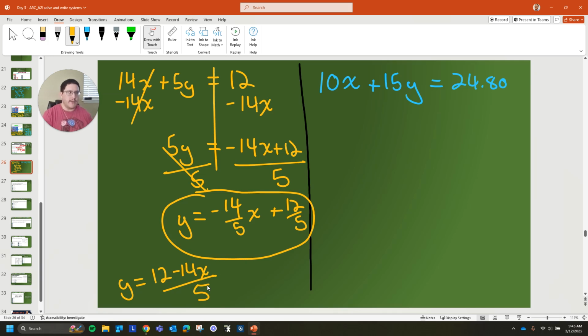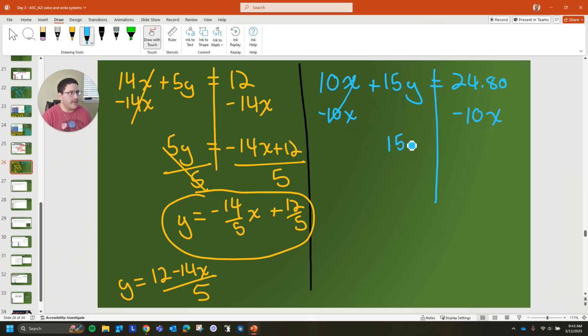Easy way to graph. However, like I said before, sometimes we want the slope-intercept form. So that's a good skill to have, to be able to go from the graphing form straight into Desmos to slope-intercept form. Now, going to the other equation, again trying to get the y by itself, minus 10x on both sides.